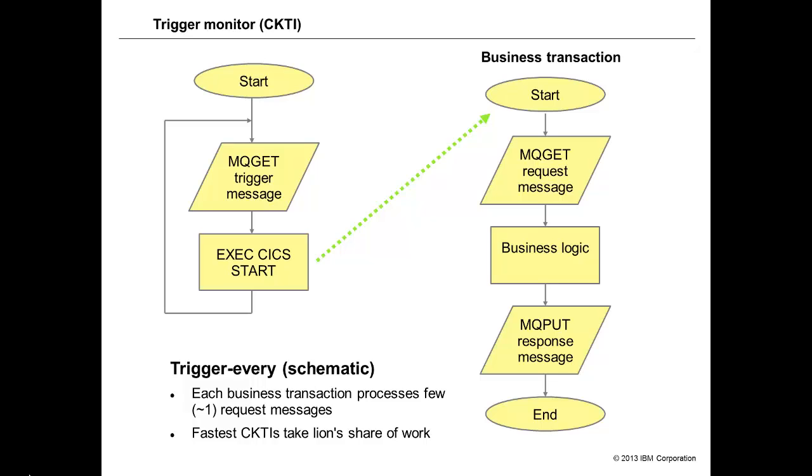In a trigger on every, we would do the MQ get for the request message, the business logic is processed, the MQ put for the response message is placed, and then the transaction ends. The fastest CTI is going to get the most work. So if it happens to be on a faster processor, or on a more powerful LPAR, it doesn't really matter. It's just going to get most of the workload.